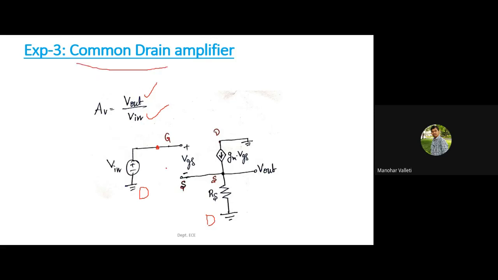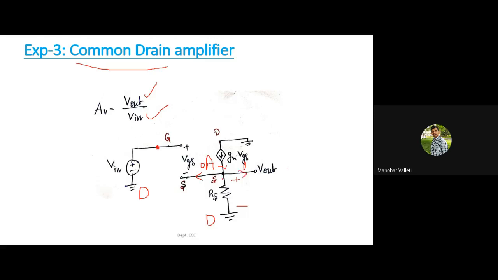Now we see the derivation. What we want from this circuitry is the Vo by Vin ratio. The Vout is across this RS, right? As you can see here, this current is gm VGS. As this is open circuit, this current is 0 amps, and this side is also open circuit, so this is also 0 amps.